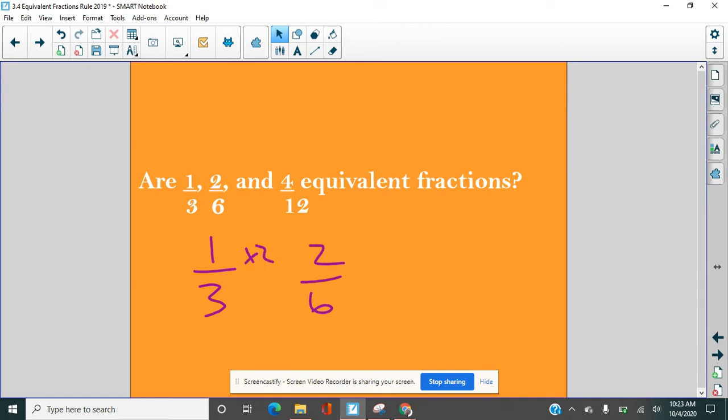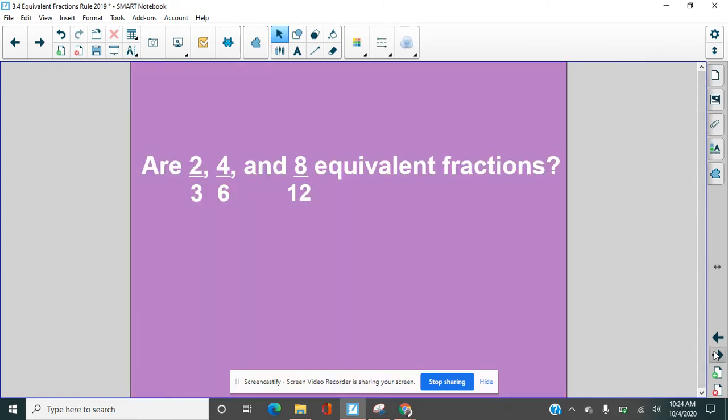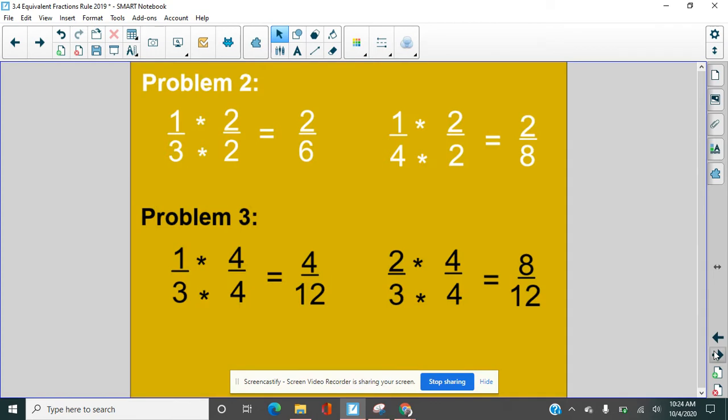So times 2, does it work? It sure does. What about getting 1/3 to 4/12? Let's see, the top would be 1 times 4 equals 4, and 3 times 4 equals 12, right? So look at this. Every time we have equivalent fractions, we can multiply the bottom number and the top number by the same thing.